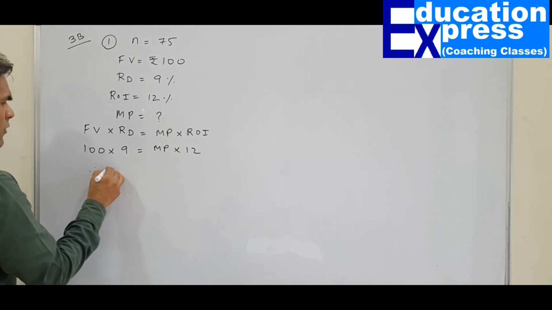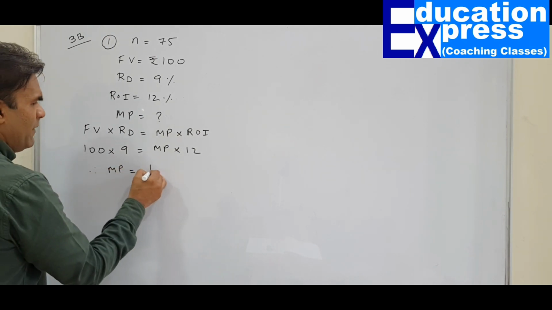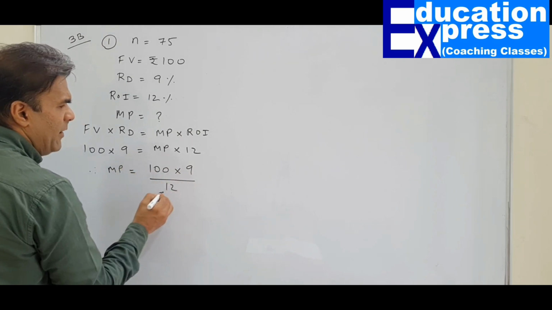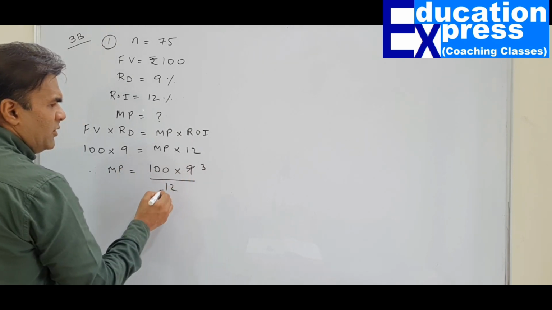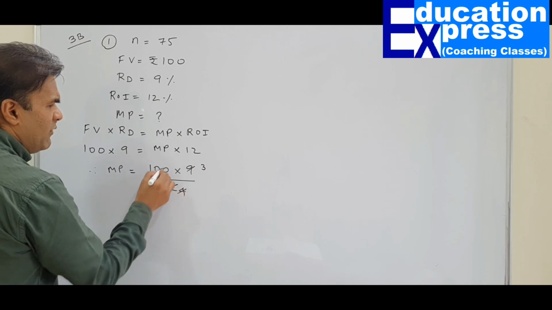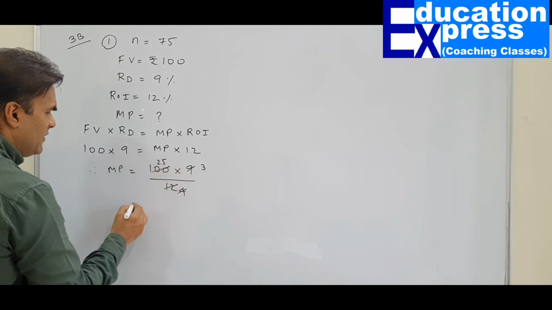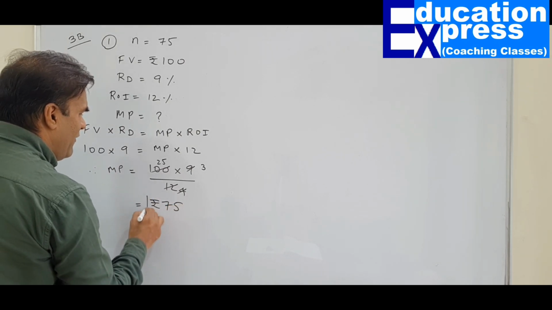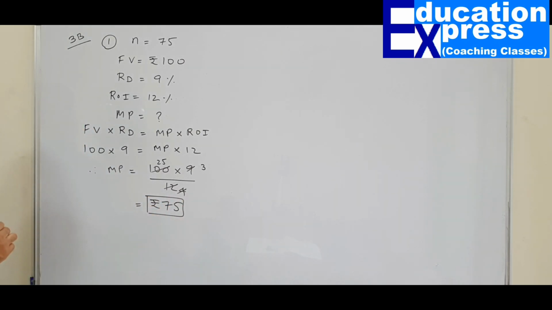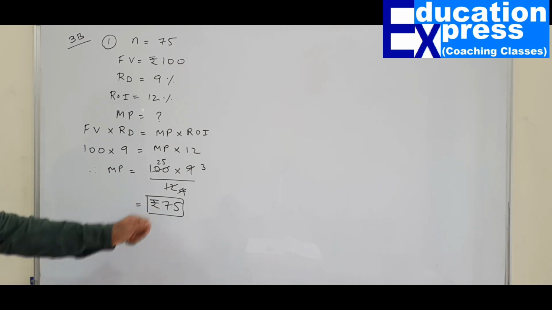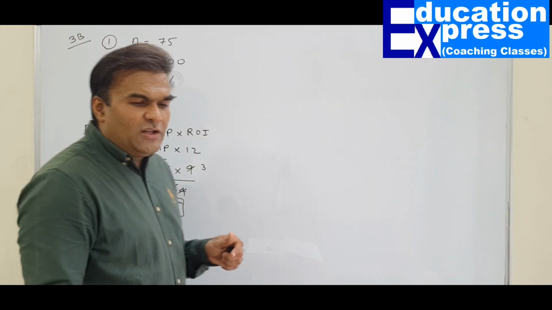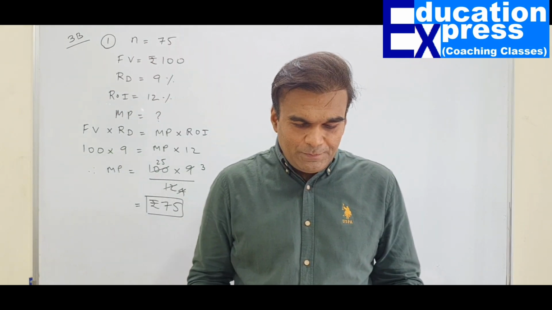Therefore, the market price of the share would be 100 multiplied by 9 upon 12. 3 3s are, 3 4s are, 25s are. So the market price of the share would be rupees 75. So he must have bought the share at rupees 75. This is the answer to the first question.